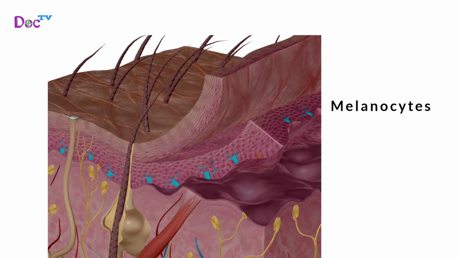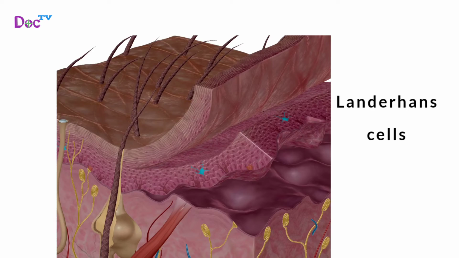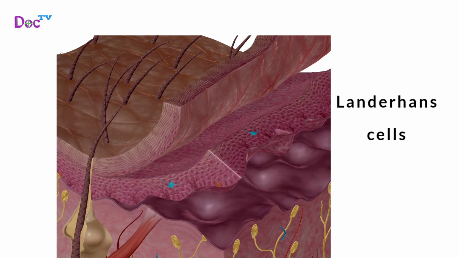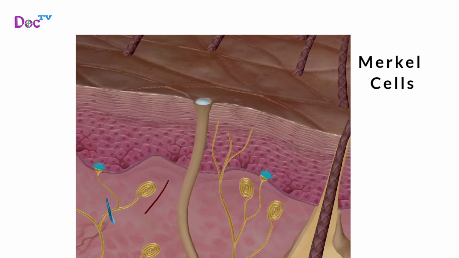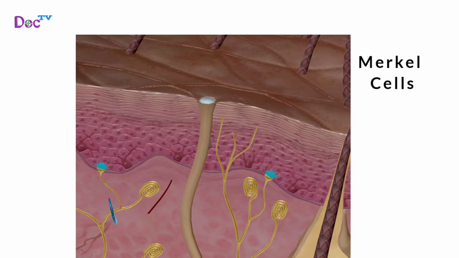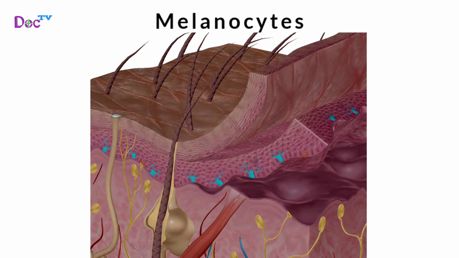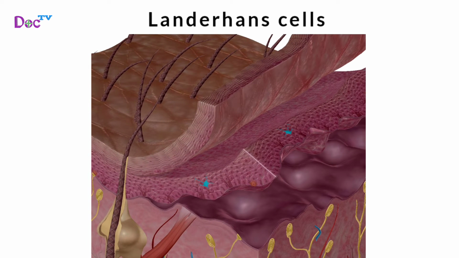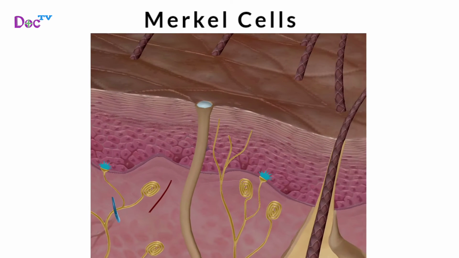Melanocytes produce melanin as skin pigment. Langerhans cells assist in immune responses. Merkel cells act as receptors for touch sensations.